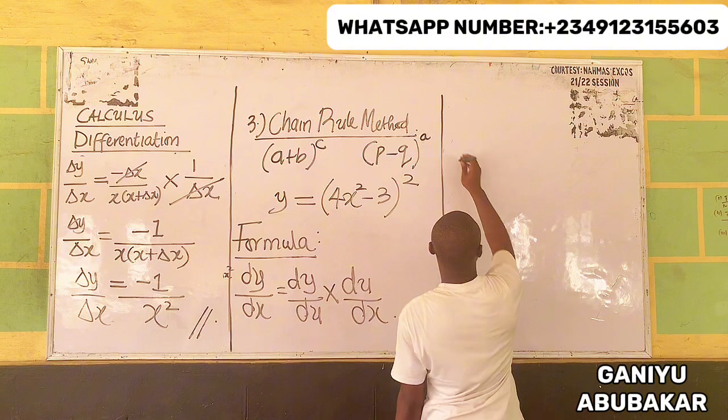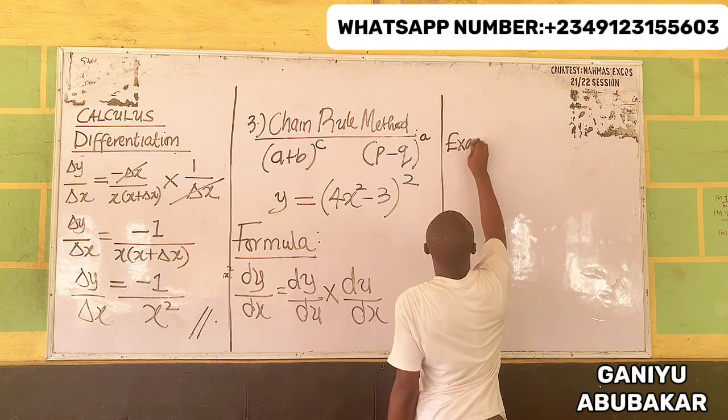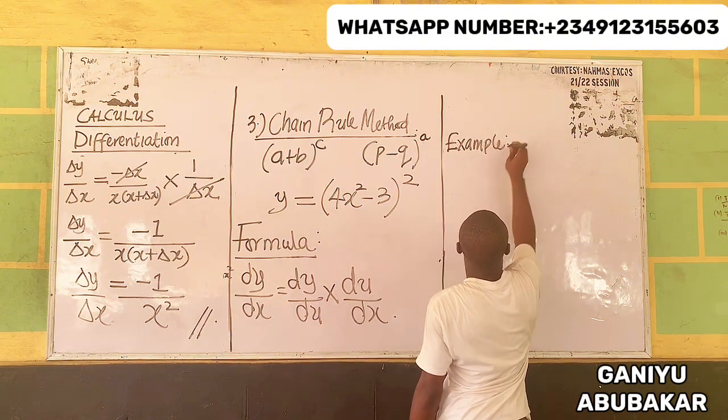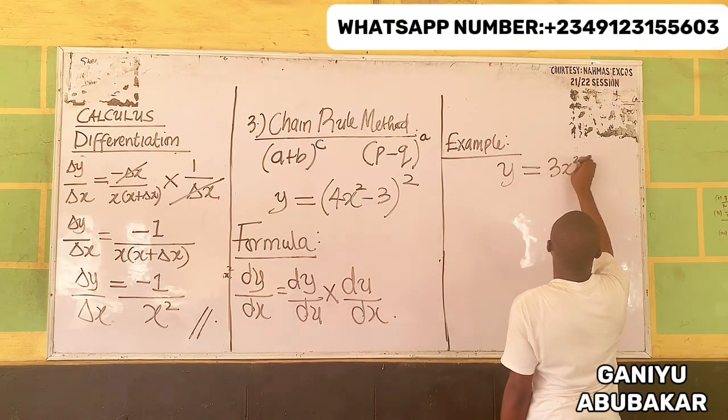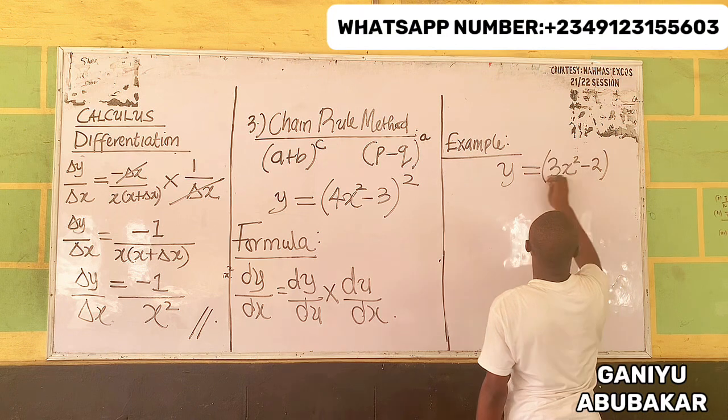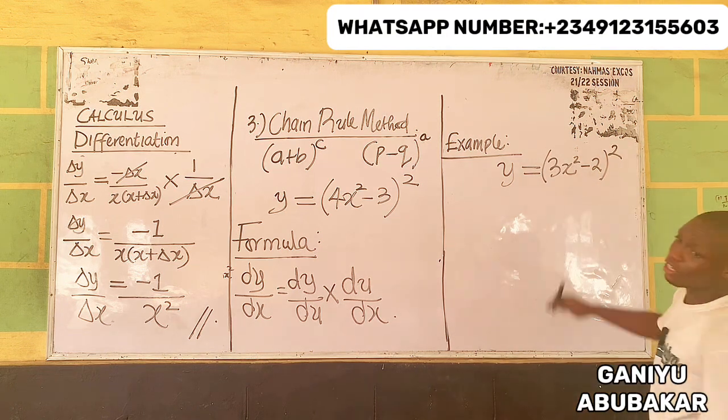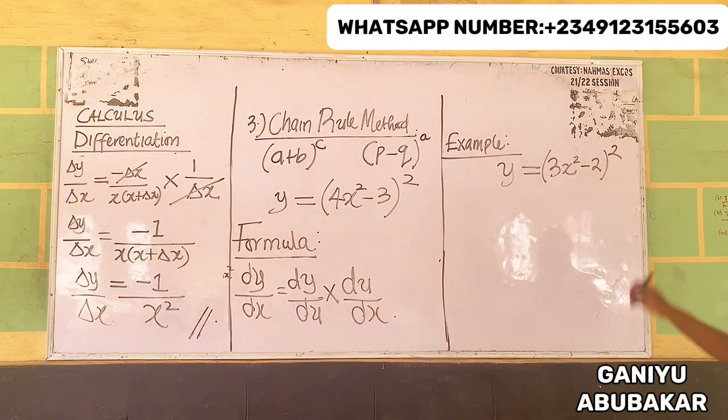Example: y equal to 3x squared minus 2 all to power 2. This one is chain rule. I won't tell you that this is chain rule, you should know.